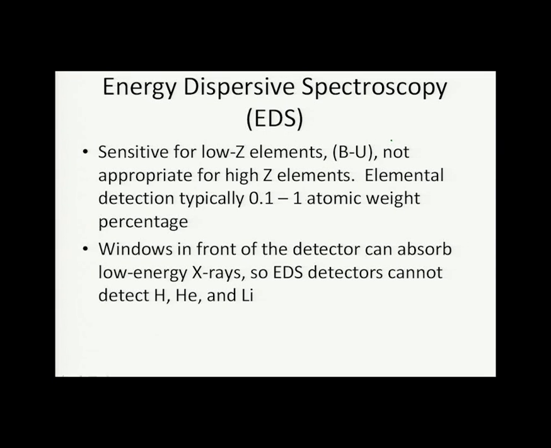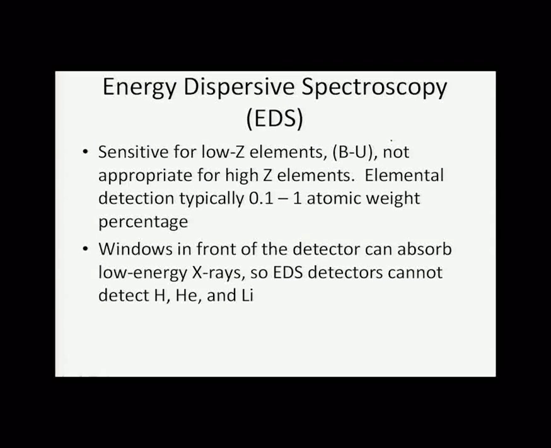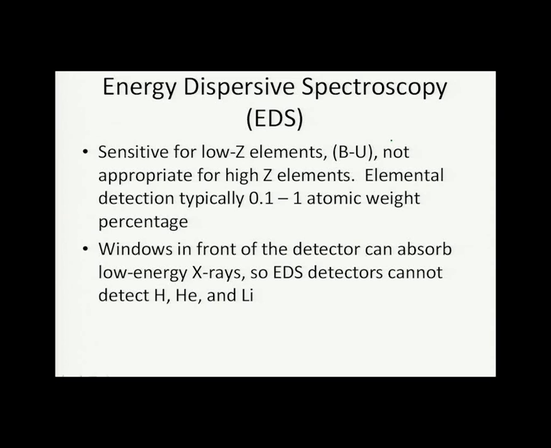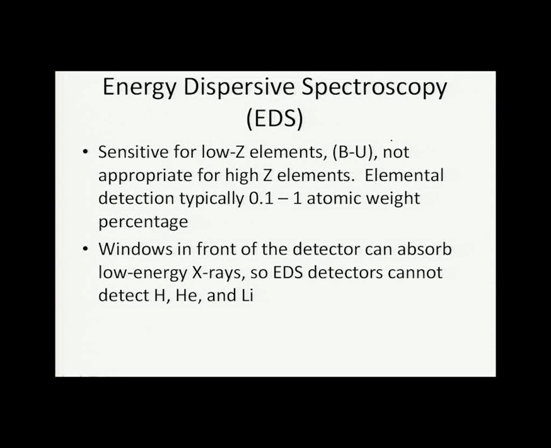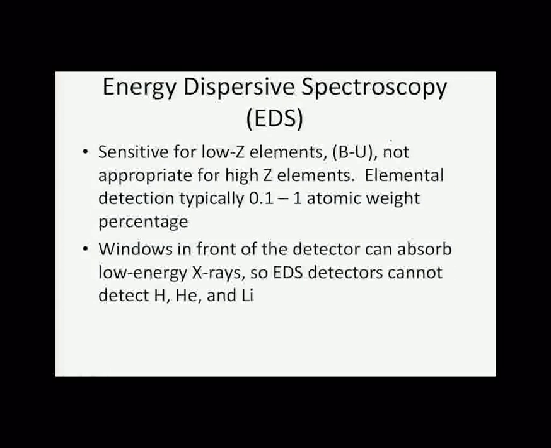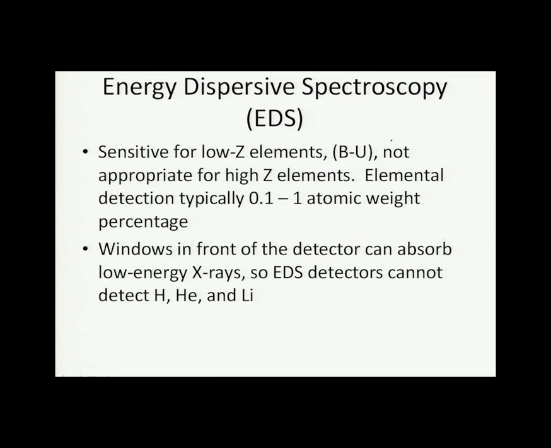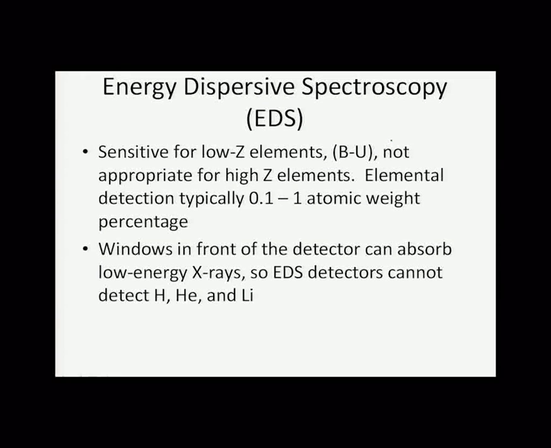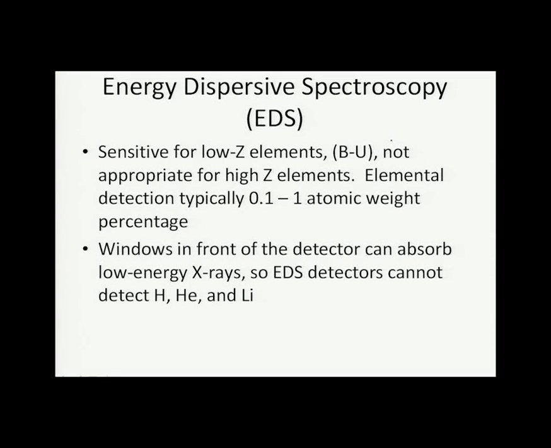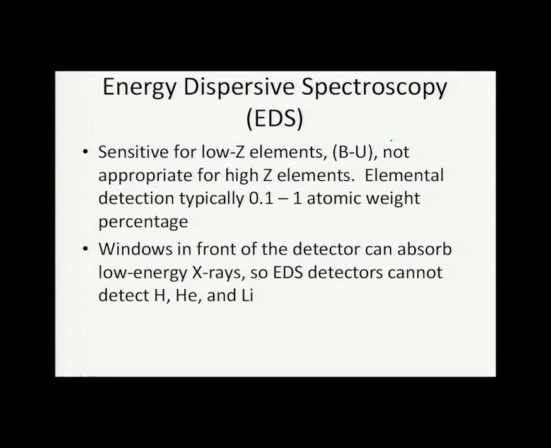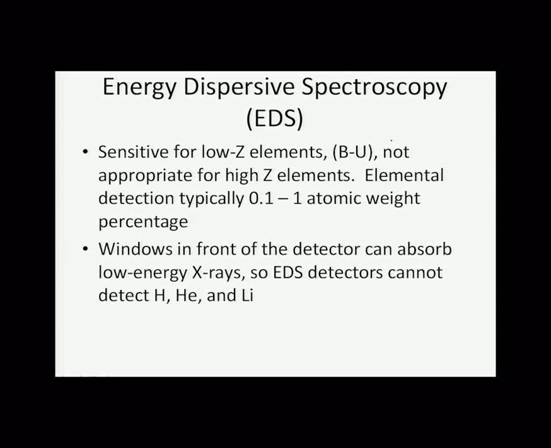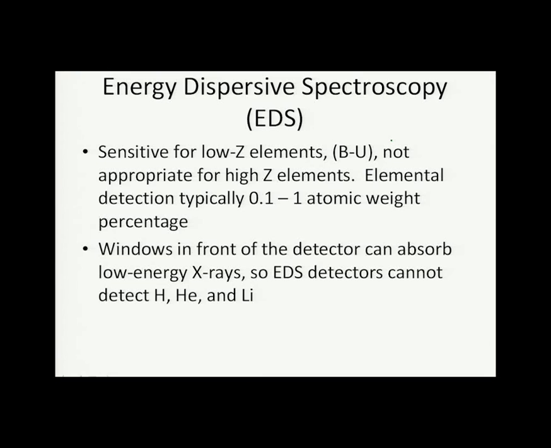Windows in the front of the detector can absorb low energy X-rays, so EDS detectors cannot detect extremely light elements such as hydrogen, helium, and lithium. So again, this technique is very sensitive for low atomic number elements, but obviously doesn't work at all for extremely low ones, like the 3 we mentioned, hydrogen, helium, and lithium, because they're absorbed by the glass window on the front of the detector.